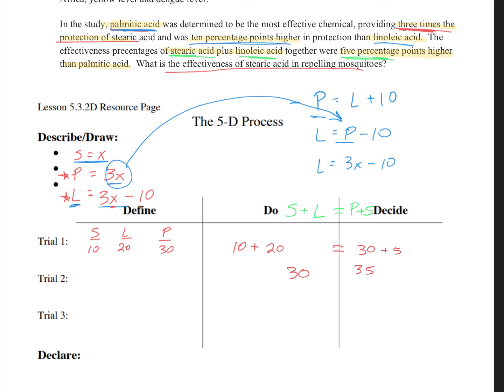So we see that when we add stearic and linoleic acid together, we are too small. We are less than palmitic acid plus 5. If we're less than palmitic acid plus 5, our answer is too small, and we need to try a bigger number for stearic acid.